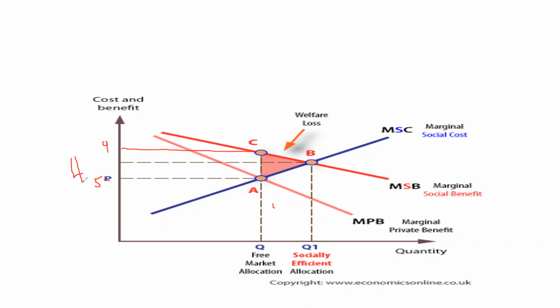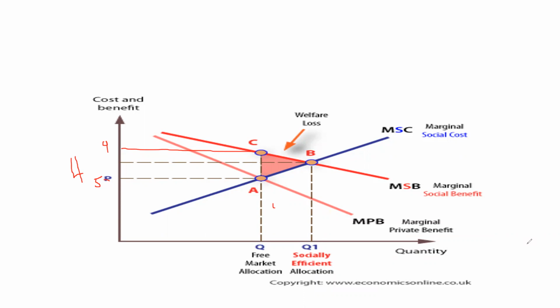And when we got to the $4 subsidy, we'd get to B, and there would be no deadweight loss because we'd be at our socially optimal. Now here too, they like to ask after the subsidy, what happens to price and quantity? Well, you're going from A to B, price is up. You're going from A to B, quantity is up. So price and quantity are up, and there is no deadweight loss.